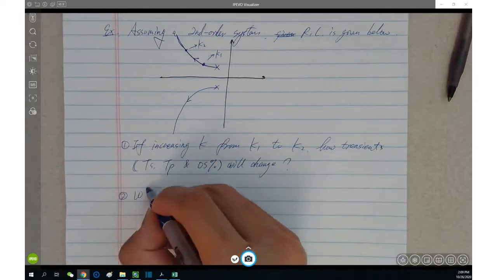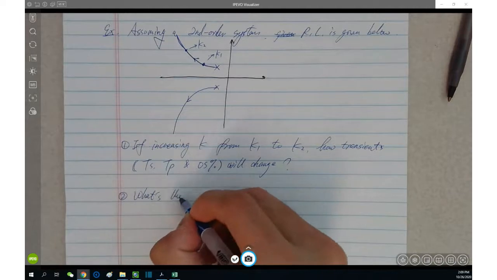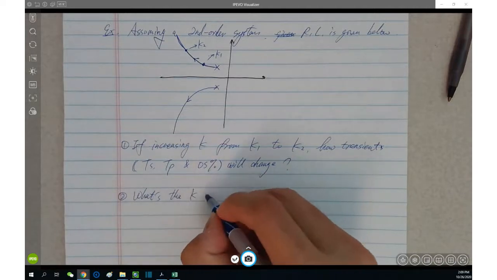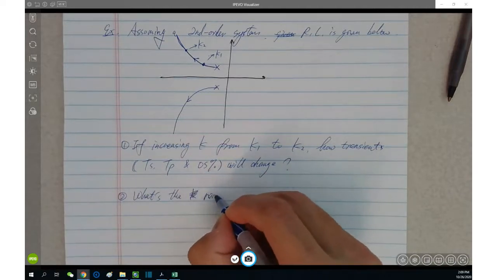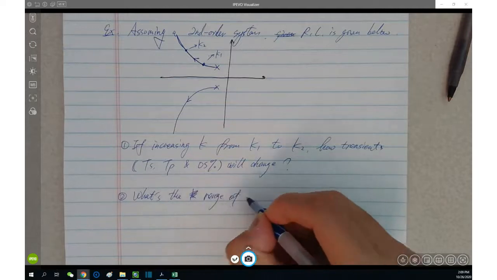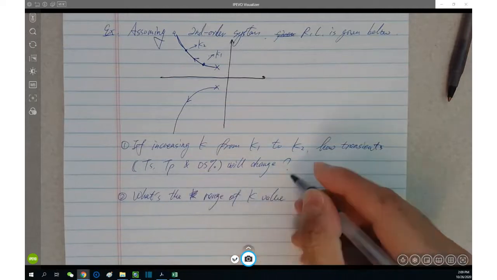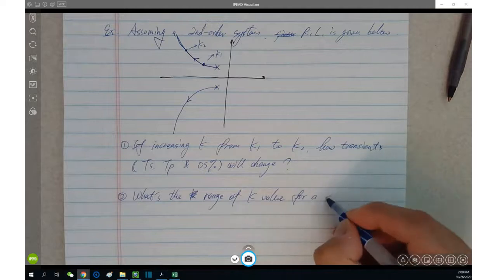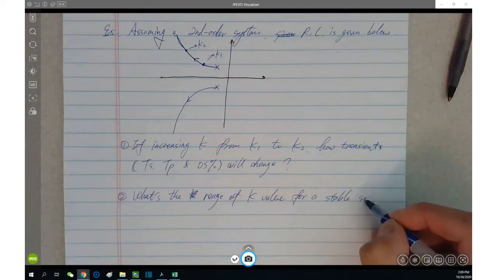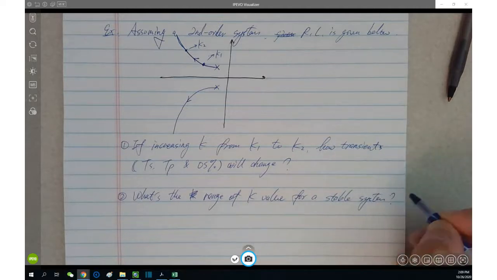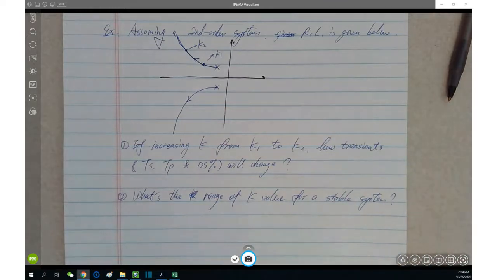And also, what's the range of K value for a stable system?